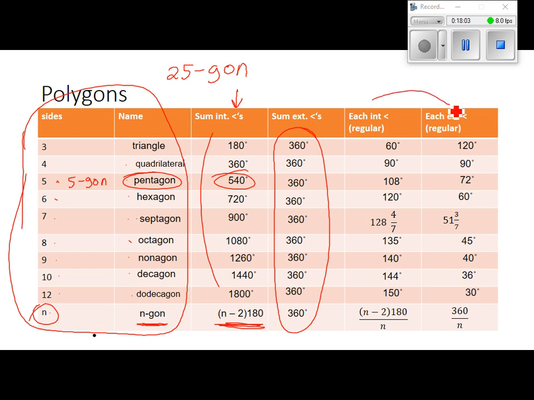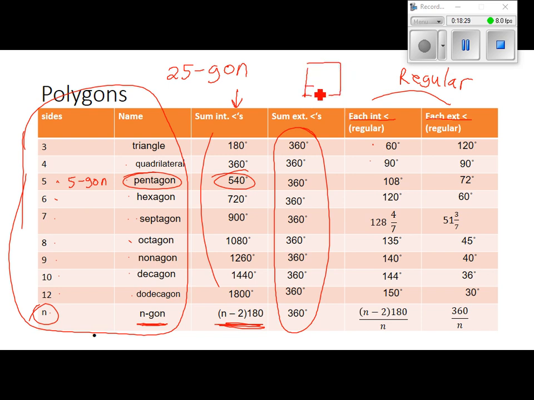These last two, if the shape is regular or equiangular, then this is telling us each interior angle and each exterior angle. We already know this one for a triangle. If it's regular, each interior angle has to be 60 degrees. Quadrilateral, each interior angle, if it's regular, that means it's got to be a square.